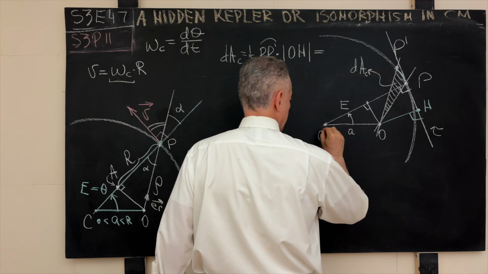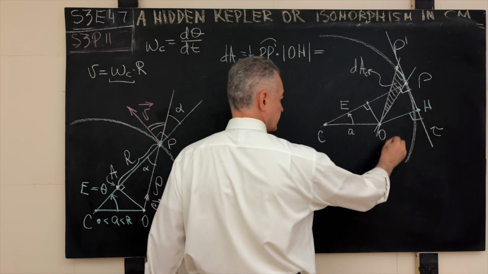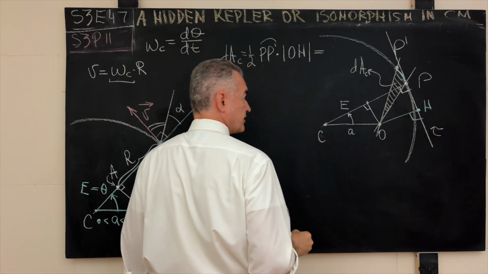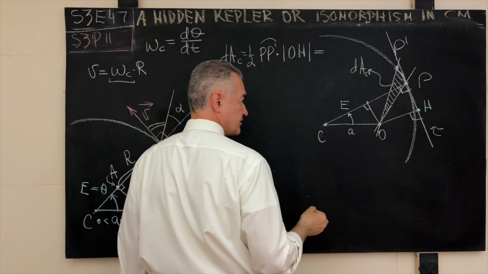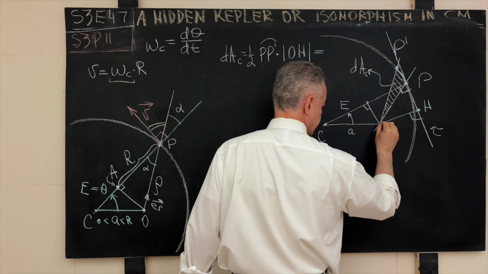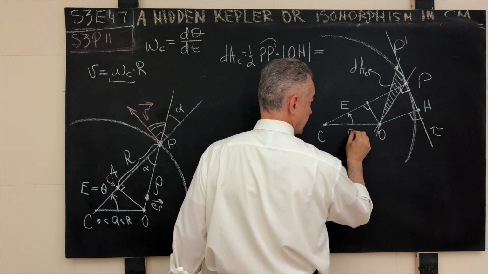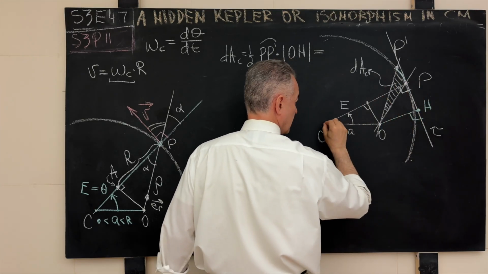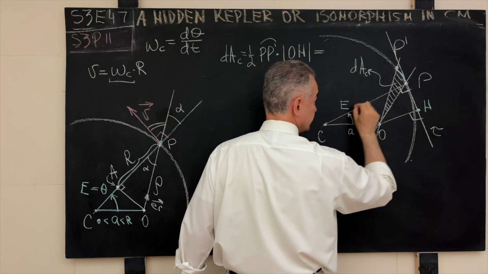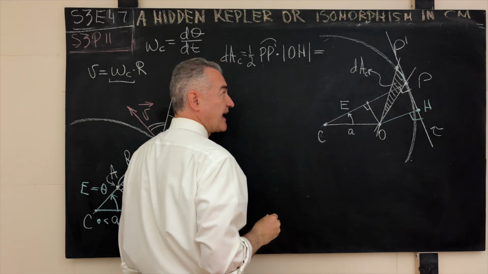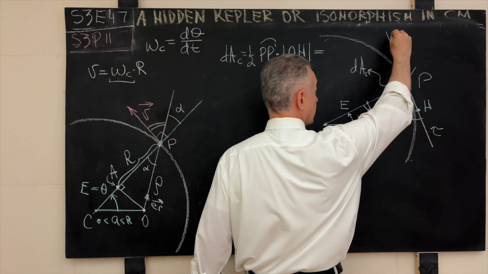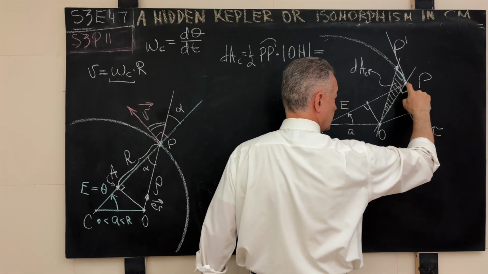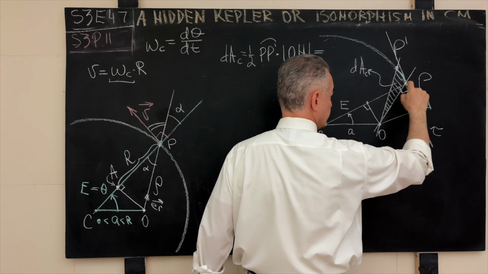Newton would draw the center of the circle C, place the point O, about which our sample point P rotates about the circle in such a way that its areal velocity is constant. Here is our circle. Then to that point, through the line segment CP, Newton would construct a tangent. This is a key observation here, a tangent tau that is perpendicular to the radius CP at any time.